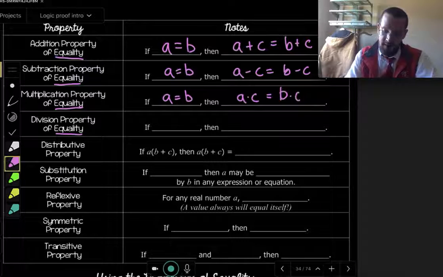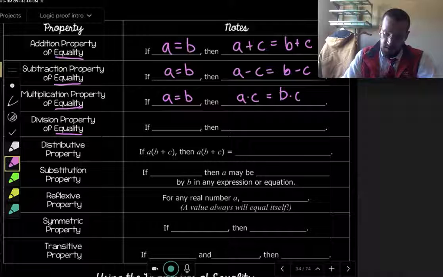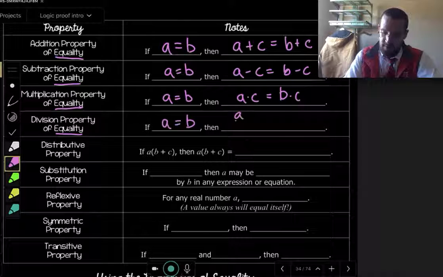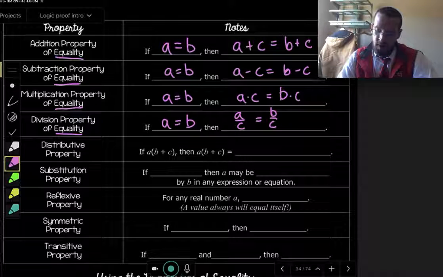So if A is equal to B, then A times C is equal to B times C. And division is the same here. Again, these are all properties of equality. If these are conditionals, these are conditional properties. If A is equal to B, then A divided by C is equal to B divided by C. So these are all the conditional statements for this.